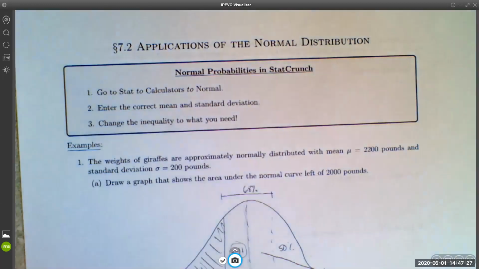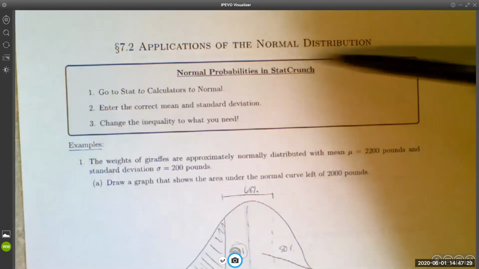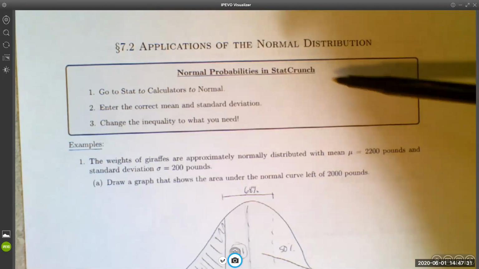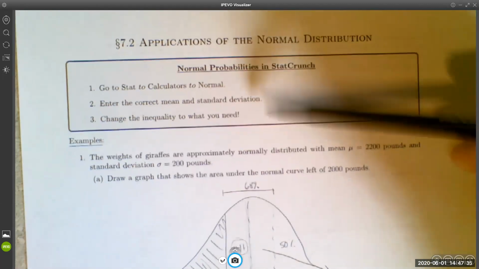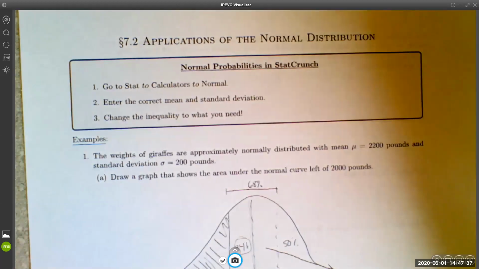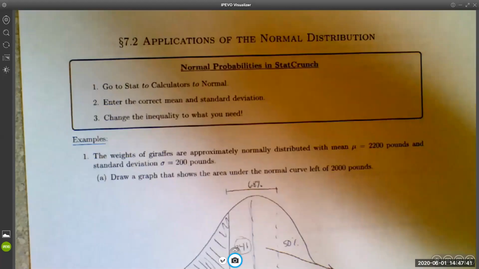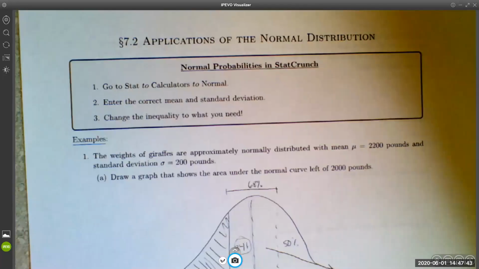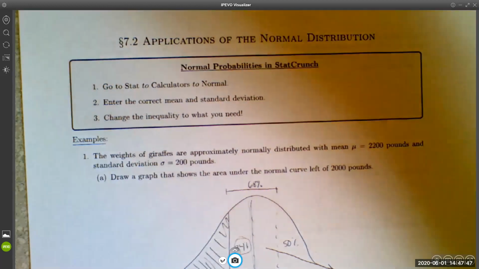So we will come back and talk about how you can determine if something actually is normally distributed so that you're justified in using the normal calculator in StatCrunch. But for now, you'll probably just be told that this variable is normally distributed, and so then you're safe to go ahead and use the normal calculator.